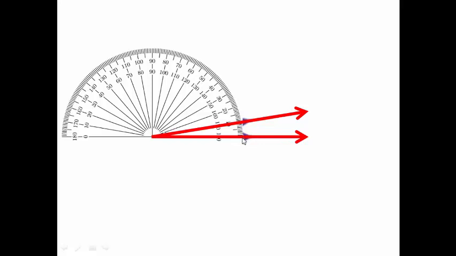Then I'll start to count. I think here is 10 degrees. If I have 10 degrees, will it be an acute, right, or obtuse angle? We said less than 90, it will be an acute angle.